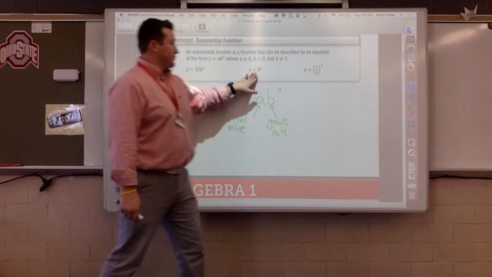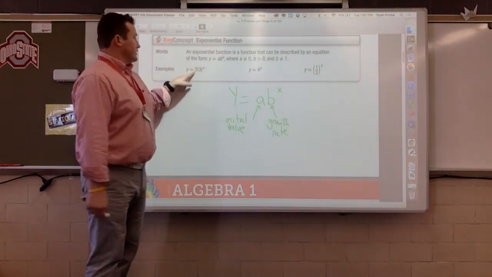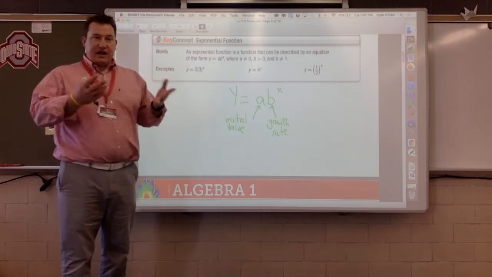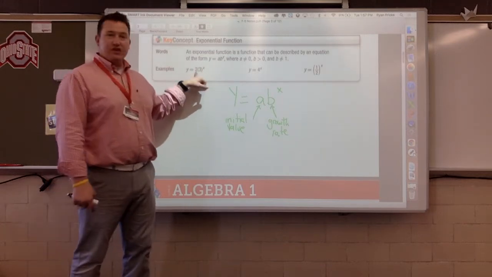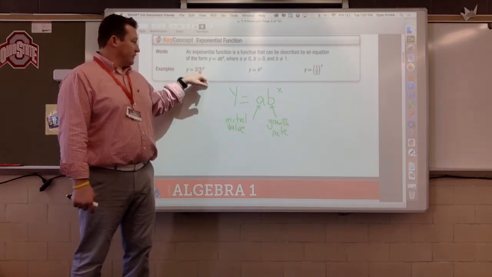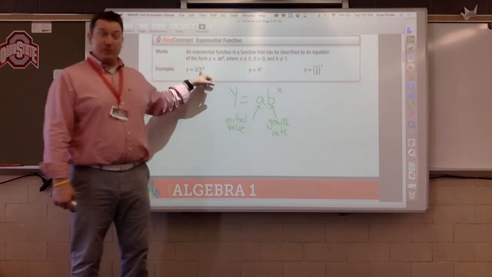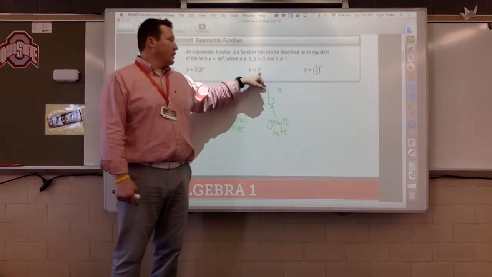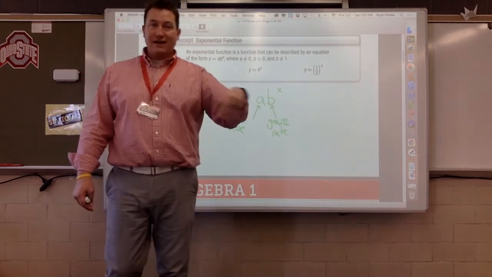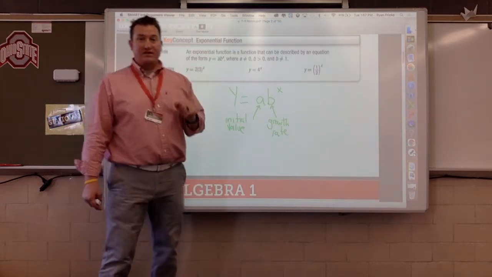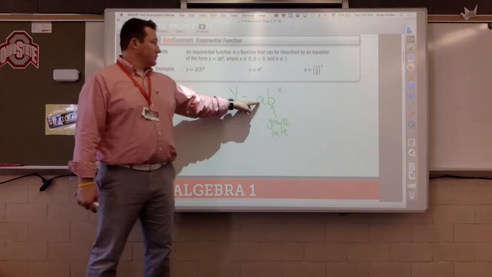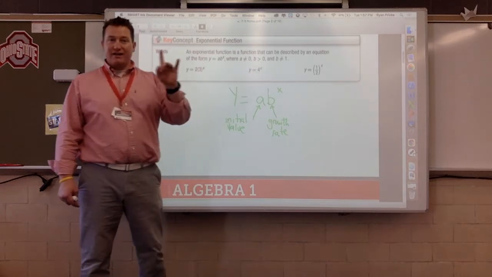Again, here are some examples, okay? 2 times 3 to the power of x is how we would say that, right? So this has an initial value of 2, right? Its growth rate is 3, meaning it's tripling over time, okay? Y equals 4 to the power of x. That's quadrupling over time. What's its initial value? Well, it doesn't have an a value here. It does.